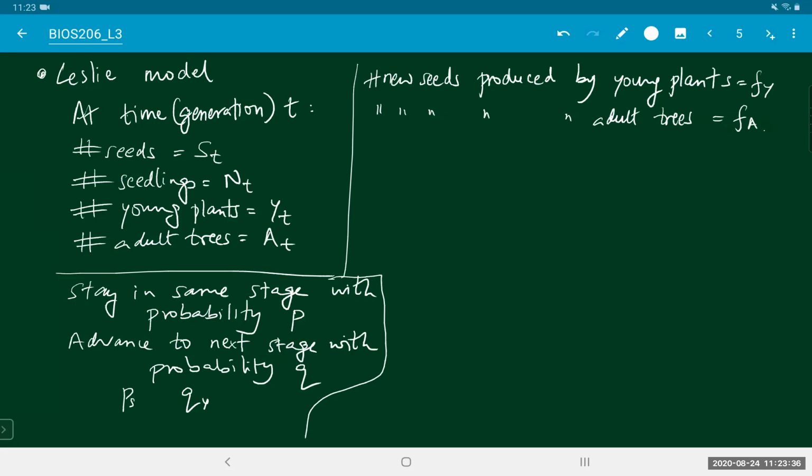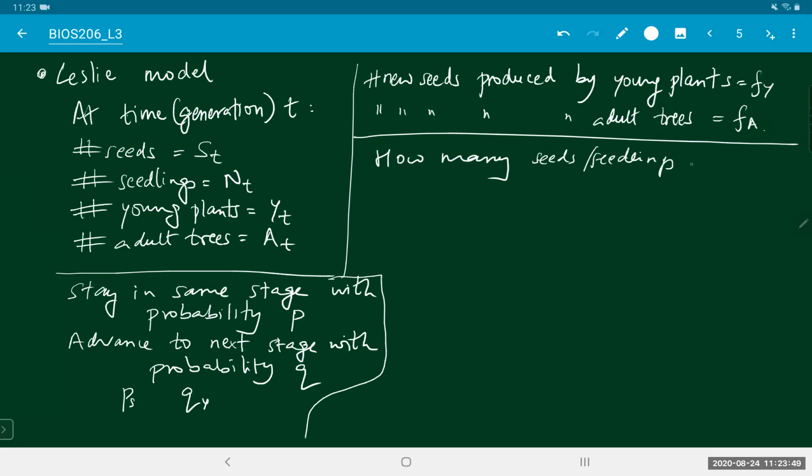So this is all the data that is given to you. And now I want to ask you the question: how many seeds, seedlings, etc. will you have in the next generation?